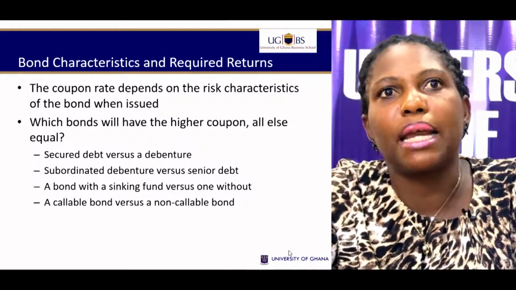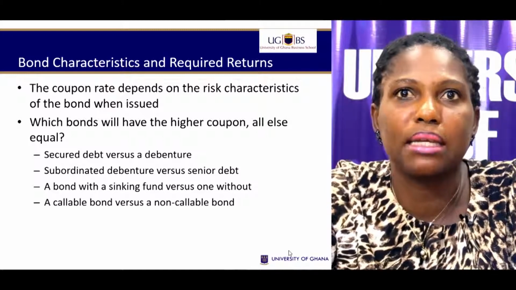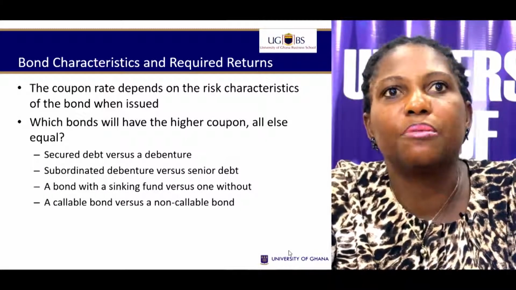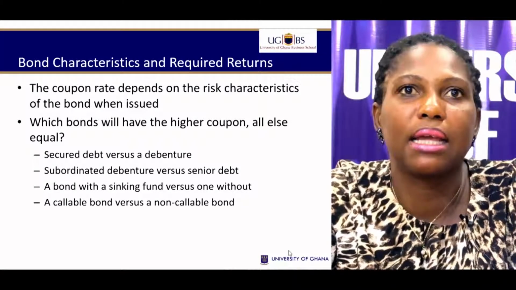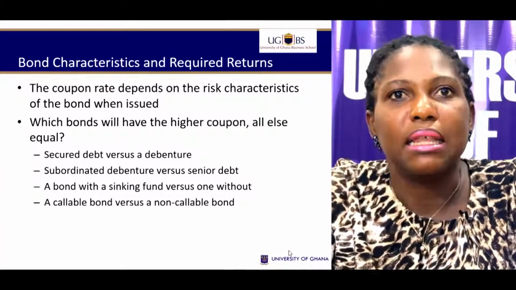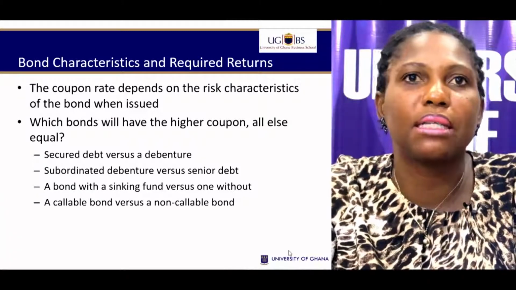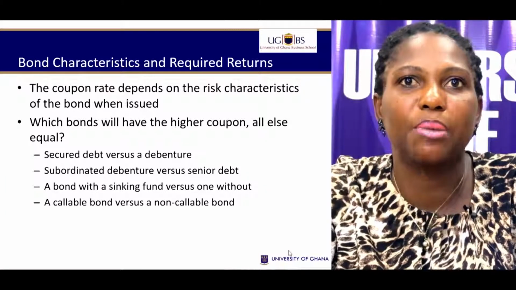Now, if it's subordinated, meaning that it's lower in ranking or seniority to other senior debt, then it's likely to be given higher rates because it's riskier. If it has a sinking fund, then obviously there's more assurance in terms of plans for repayment, and so the rate is not likely to be that high.